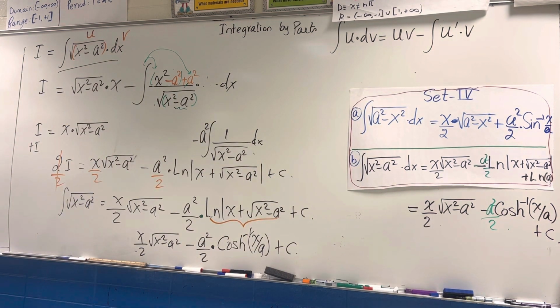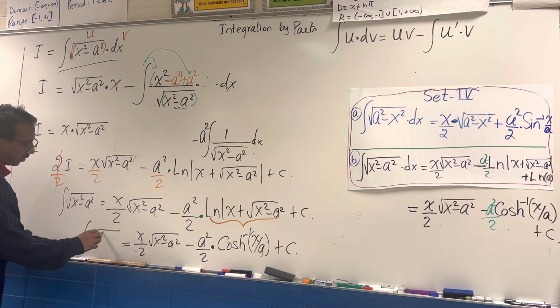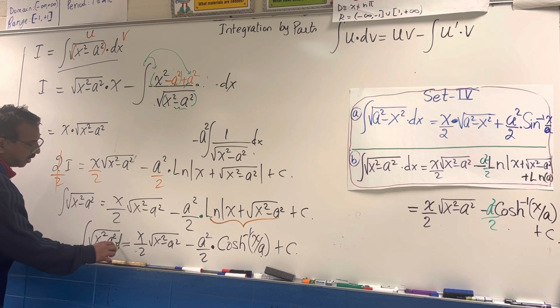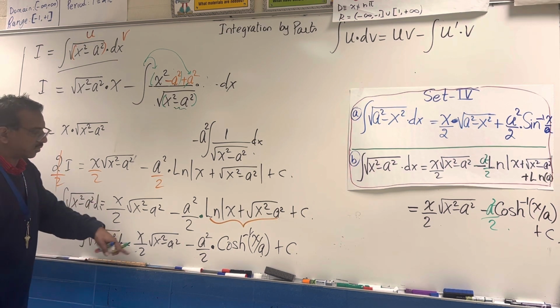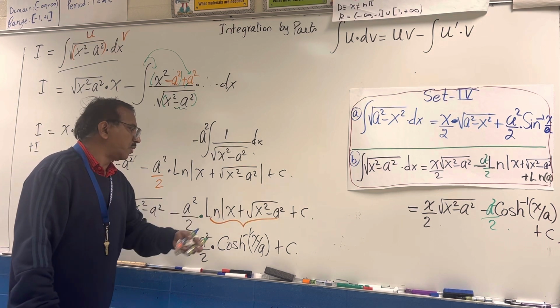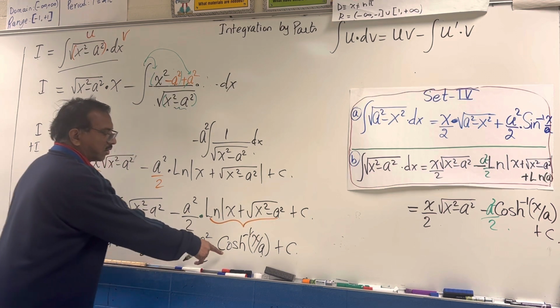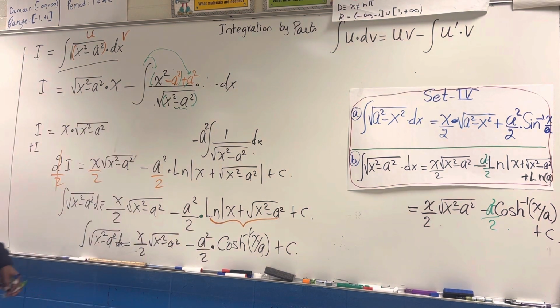That's all it is. I hope that helps, and it's always better to know why. The question is why the integral of square root of x squared minus a squared dx is x by 2 square root of x squared minus a squared minus a squared by 2 times something, and so you have two forms: either you write ln of x plus this, or you can also write this one.